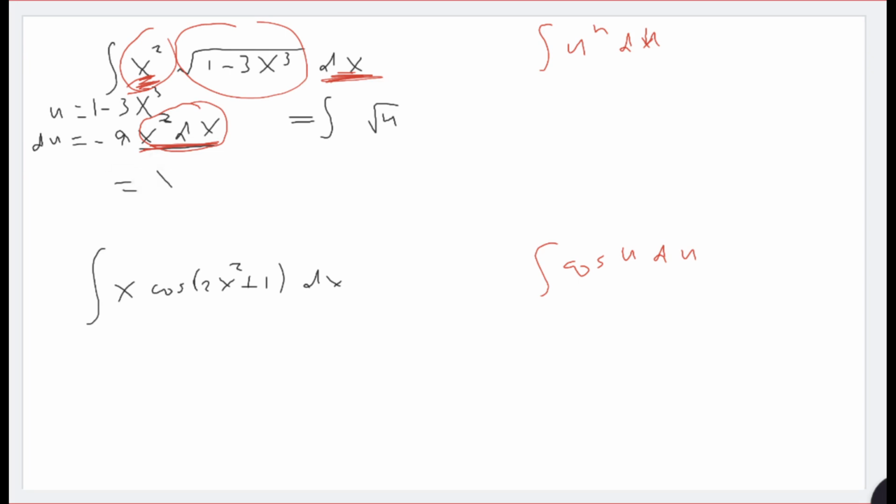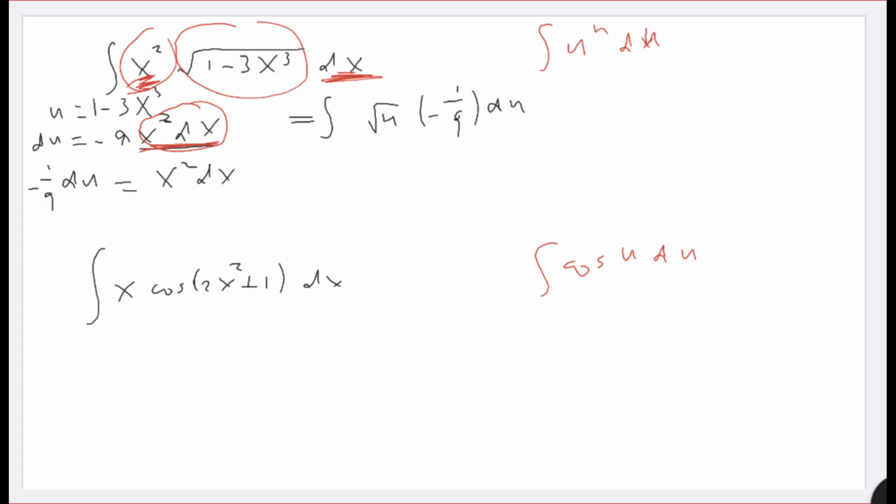So we're going to solve for x squared and dx by dividing both sides by negative 9. With this, we see just nicely x squared and the dx can be replaced by negative 1 over 9 du.